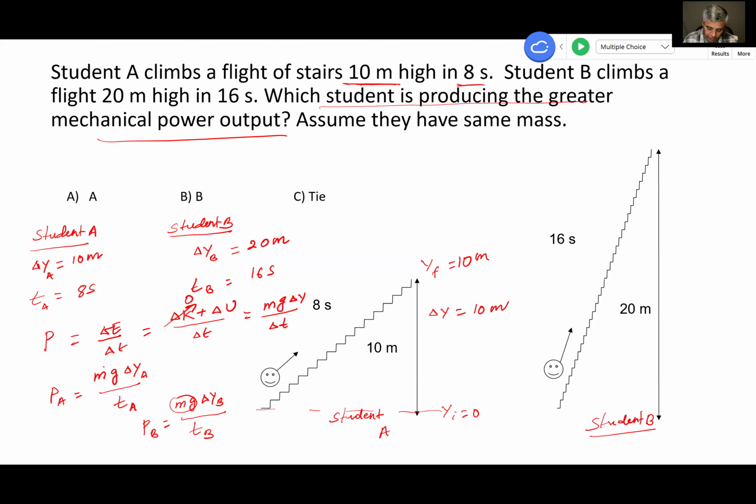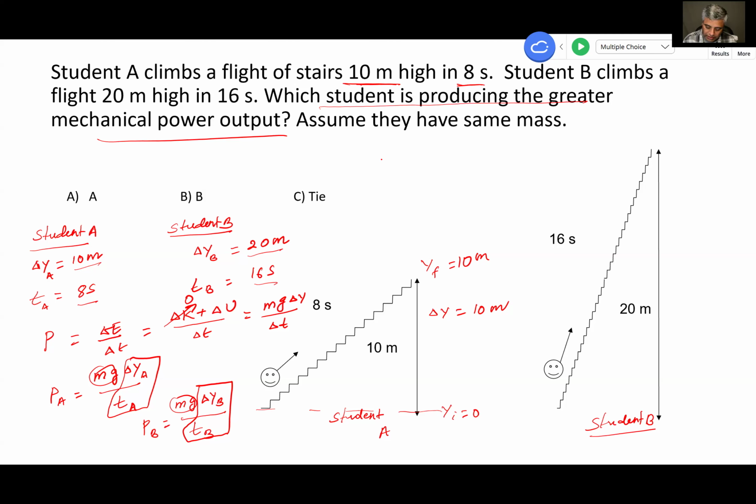So mg is same for both of them. Now it simply depends on this ratio, delta y over time interval. If you divide 10 by 8, and over here you divide 20 by 16, what happens? Both of them are basically the same.